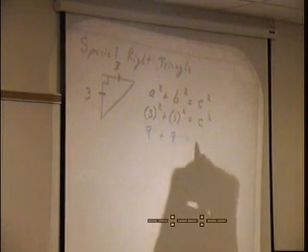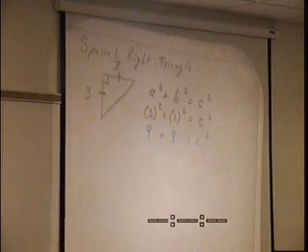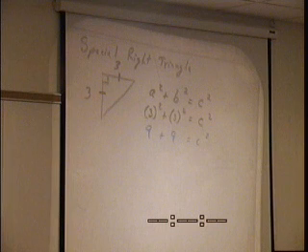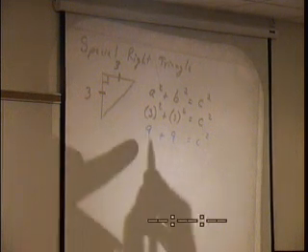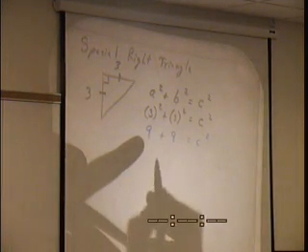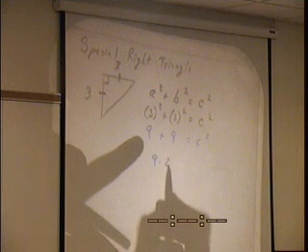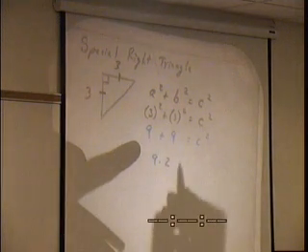Plus 9 is equal to c squared. Now instead of writing this as 18, I'm going to write it as 9 times 2. Instead of writing this 18, I'm going to say this is 9 times 2. And you'll see why in a second.